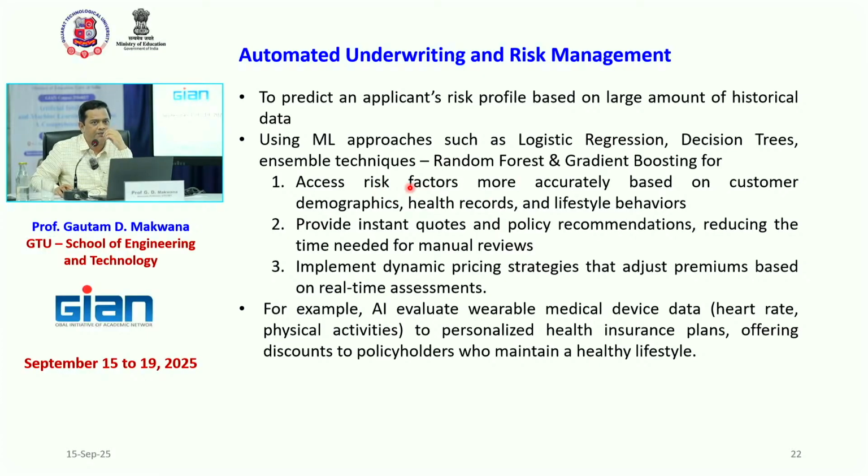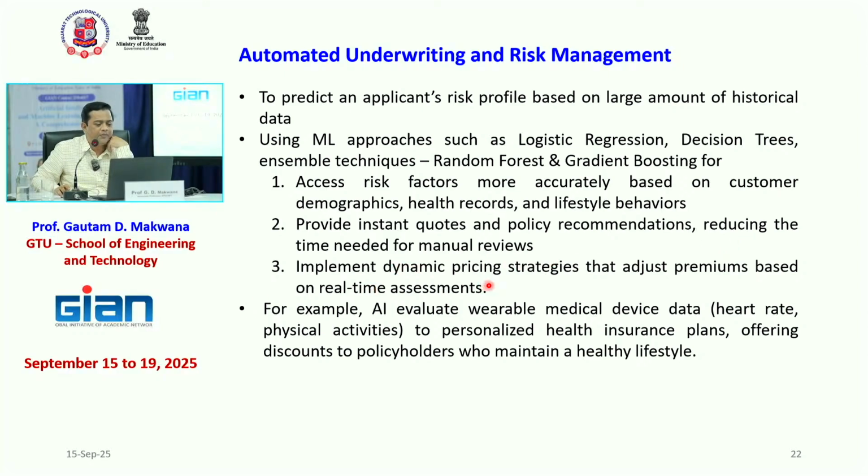If my lifestyle is good, if I eat good food and have a good lifestyle, then my premium should be less for a longer period. This kind of risk management should be in insurance. It provides instant quotes and policy recommendations, reducing the time needed for manual review.